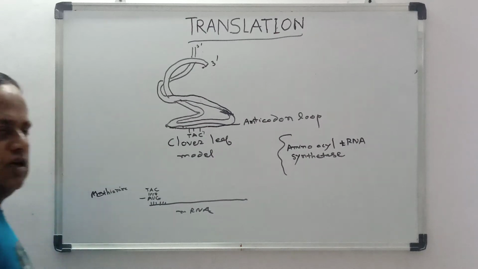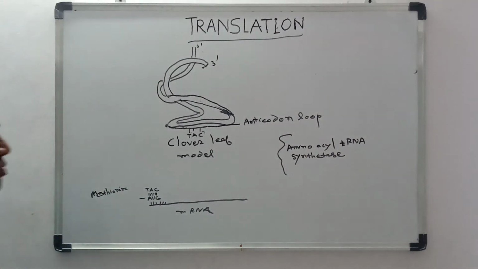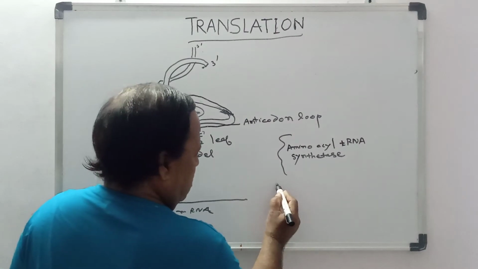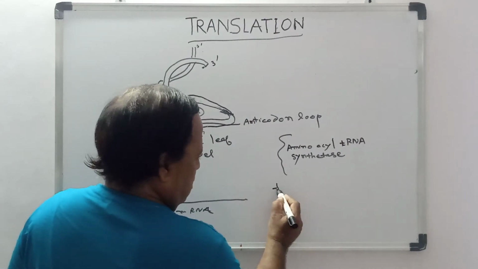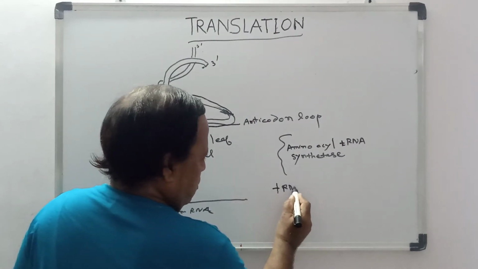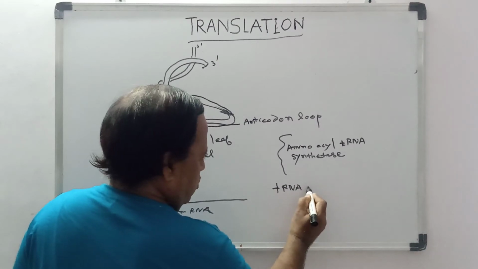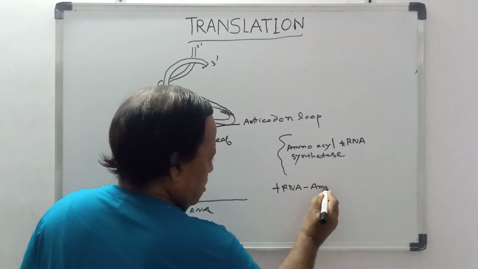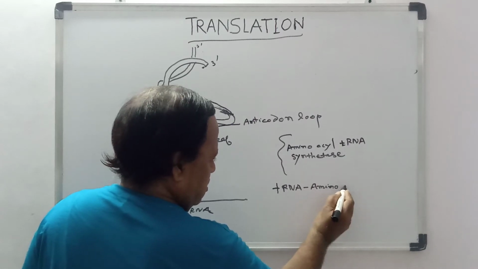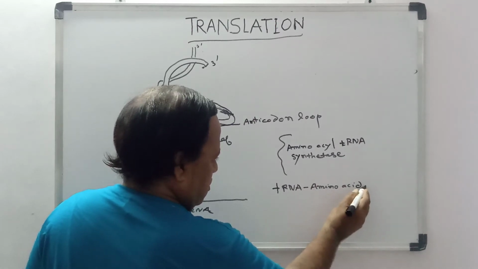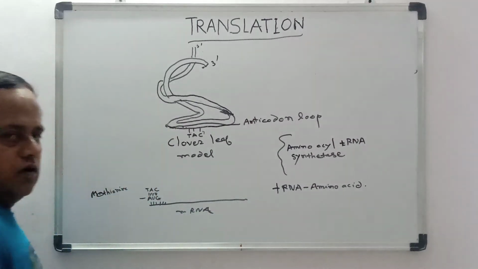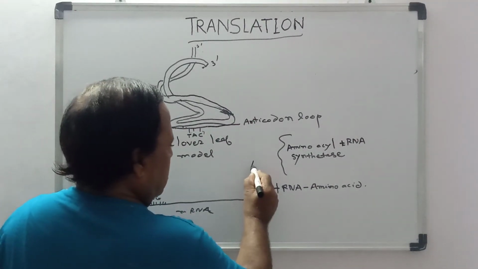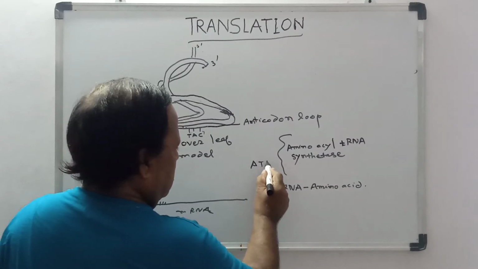This enzyme helps in the charging of transfer RNA, and transfer RNA forms the bond with amino acid. A lot of energy is required for this process, which is provided by ATP.